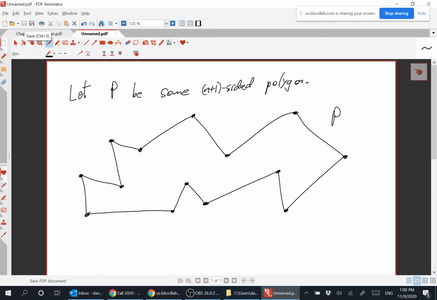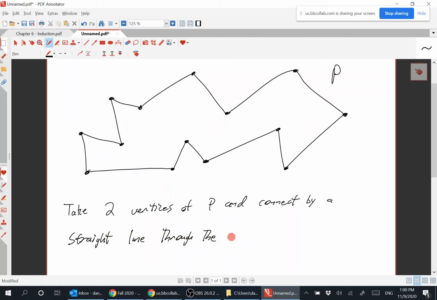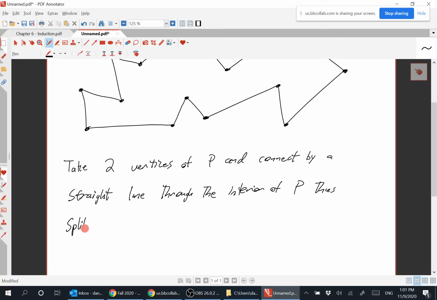Take two vertices of this polygon and connect them by a straight line through the interior of P, thus splitting P into two polygons, P1 and P2.